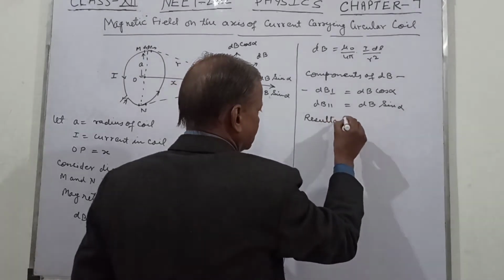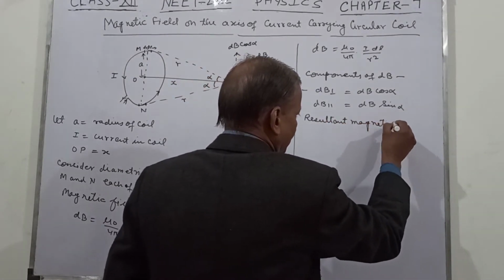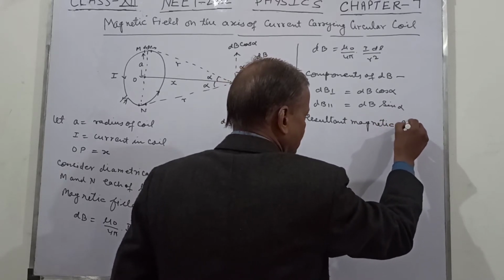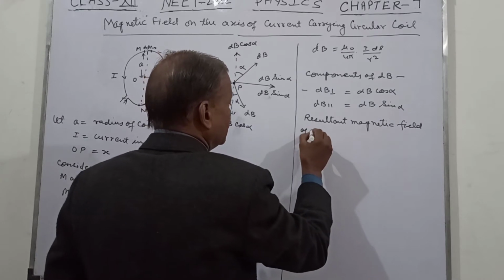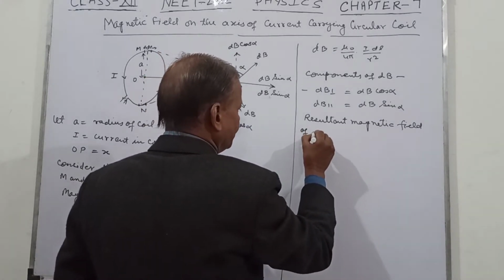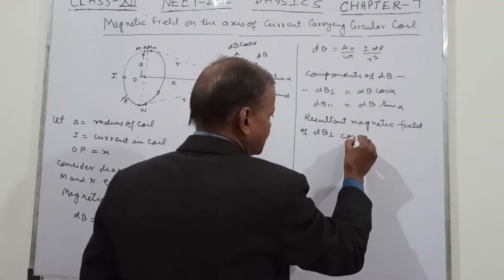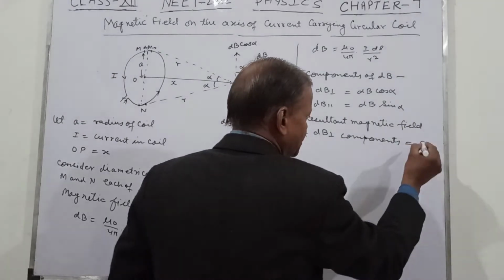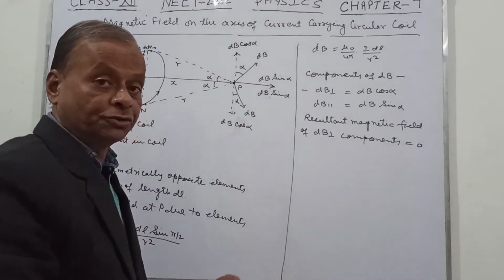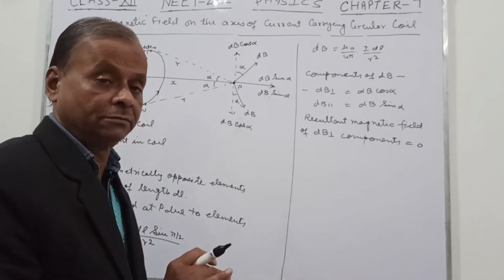Resultant magnetic field of dB perpendicular components is equal to 0. So there is no magnetic field perpendicular to the axis of the coil.